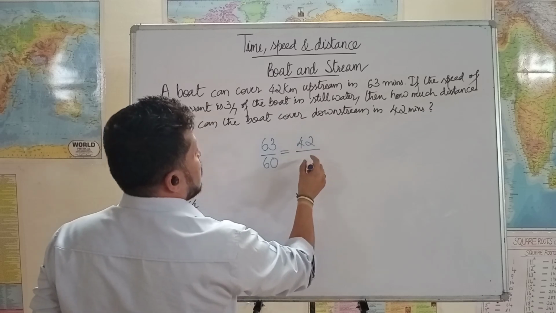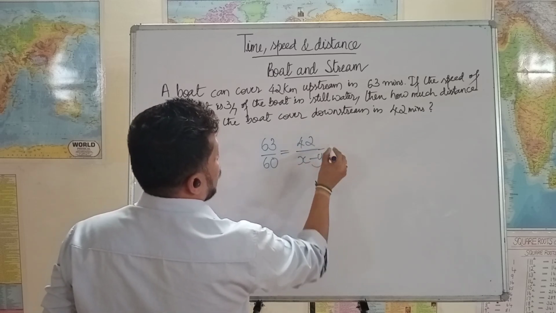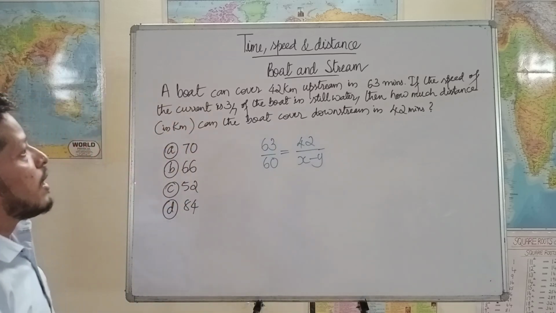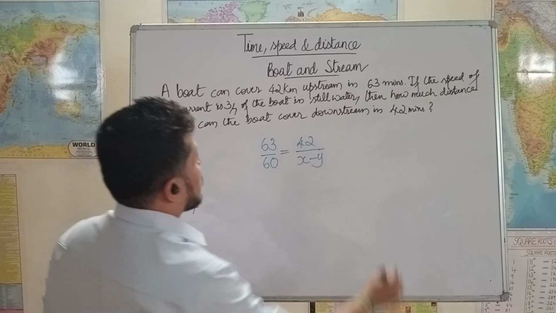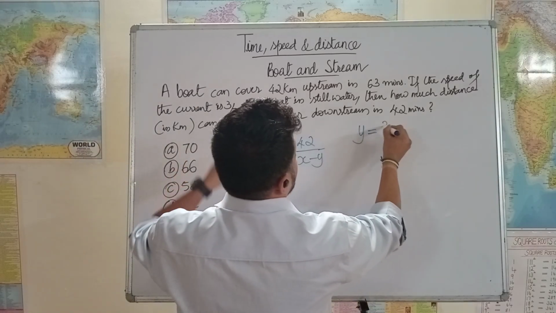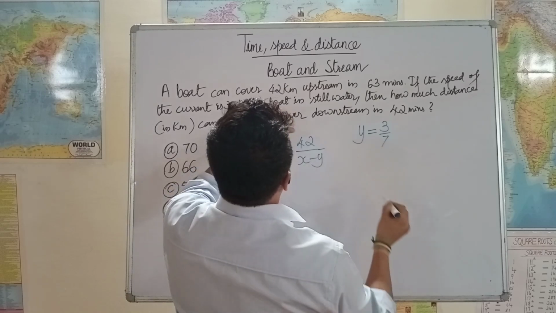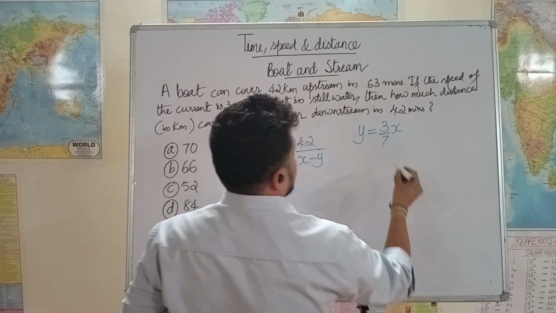So speed upstream is x minus y. Okay, and the speed of the current is 3/7, speed of the current is y, right? y is 3/7 of the speed of the boat in still water, which is x.